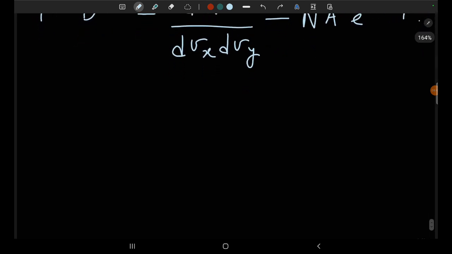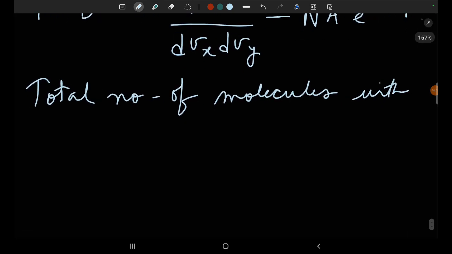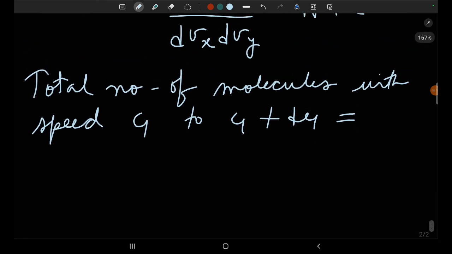Now, if we want to find out the total number of molecules in the distribution with speed C1 to C1 plus dC1, what do we have to do? Remember that C1 is a speed. Let's call this dn, and what do you think this will be equal to?